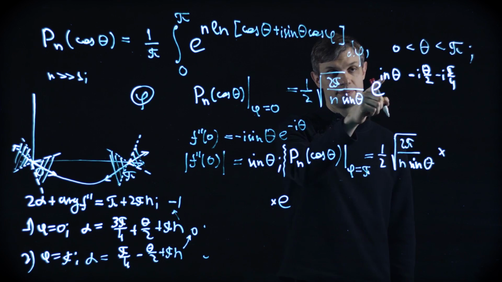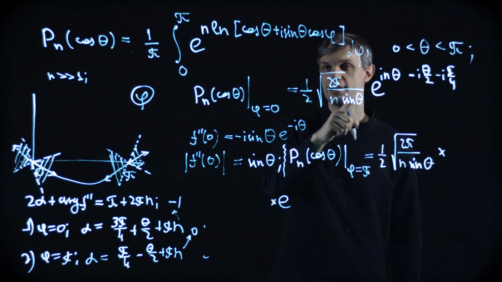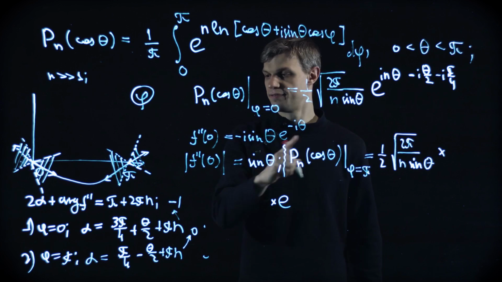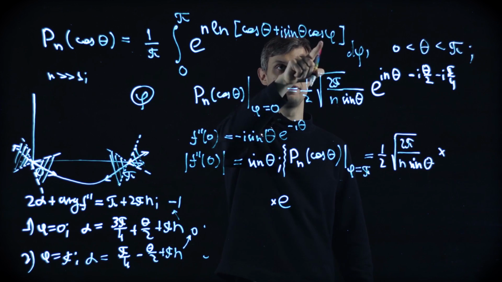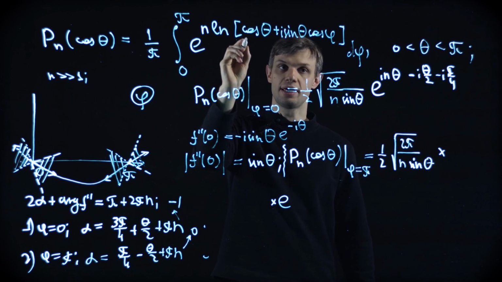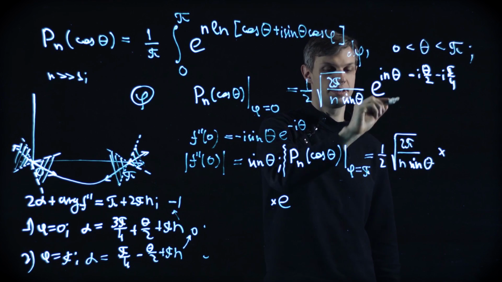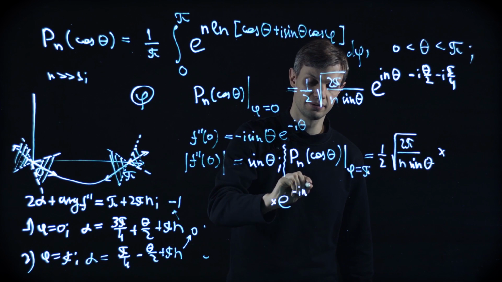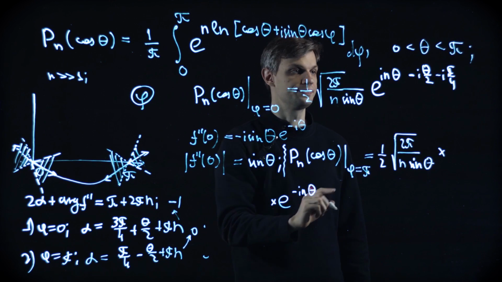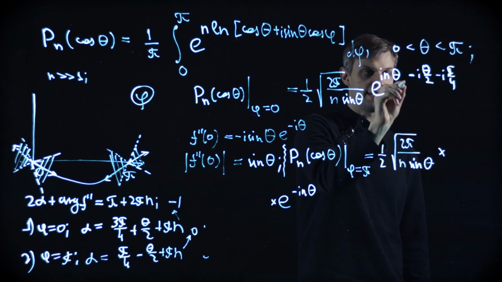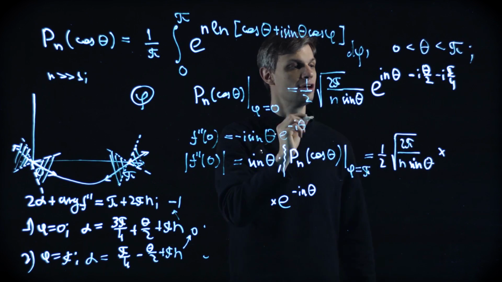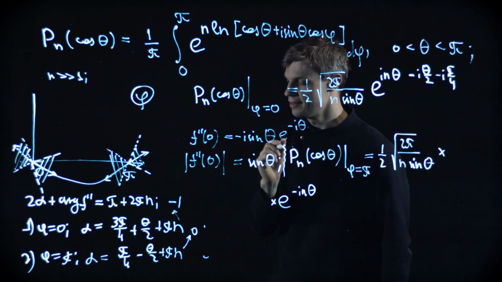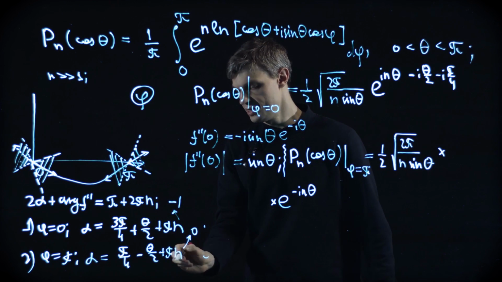And times an almost identical exponential, but of course if phi is equal to pi, then we have minus 1 here, and instead of i n theta we'll get minus i n theta. The rest is the slope of the steepest descent path, which is right here.